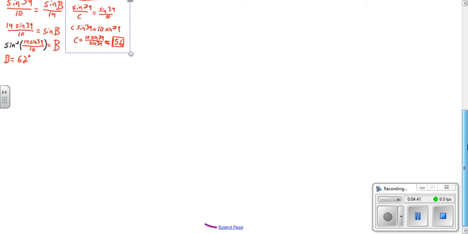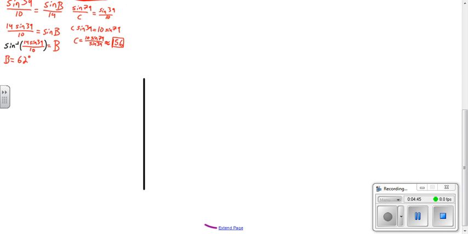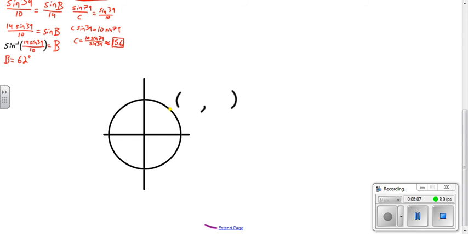Now, the way to solve for the next piece, this is another situation where our unit circle is going to come in handy. Now remember, just like with our reference angles, whenever we have a point on here and we have its coordinates, its x-coordinate is the cosine, its y-coordinate is the sine.